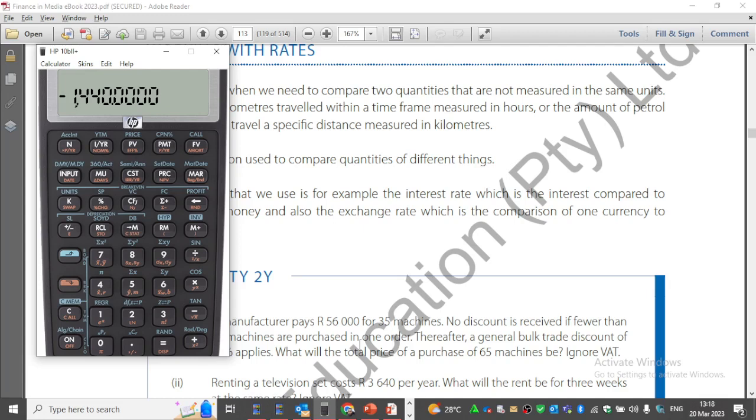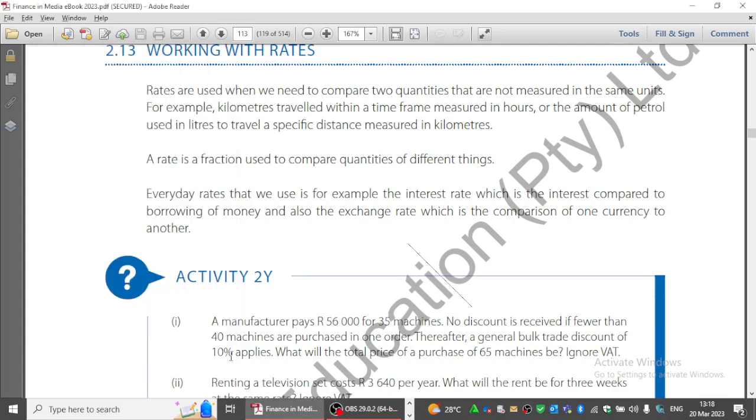So for the purchase of 65 machines, 40 machines will be bought at 1,600, which gives us 64,000, and 25 will be bought at a discount of 10%, where the price will be 1,440, giving us 36,000. Therefore our total cost will be 64,000 plus 36,000. So the total purchase price for 65 machines will be 100,000, meaning that this person will pay 100,000.